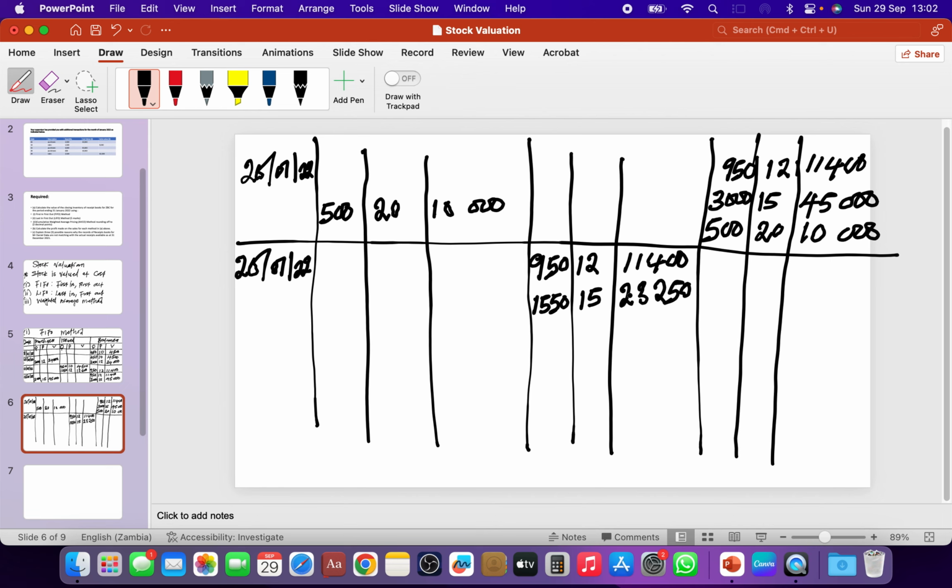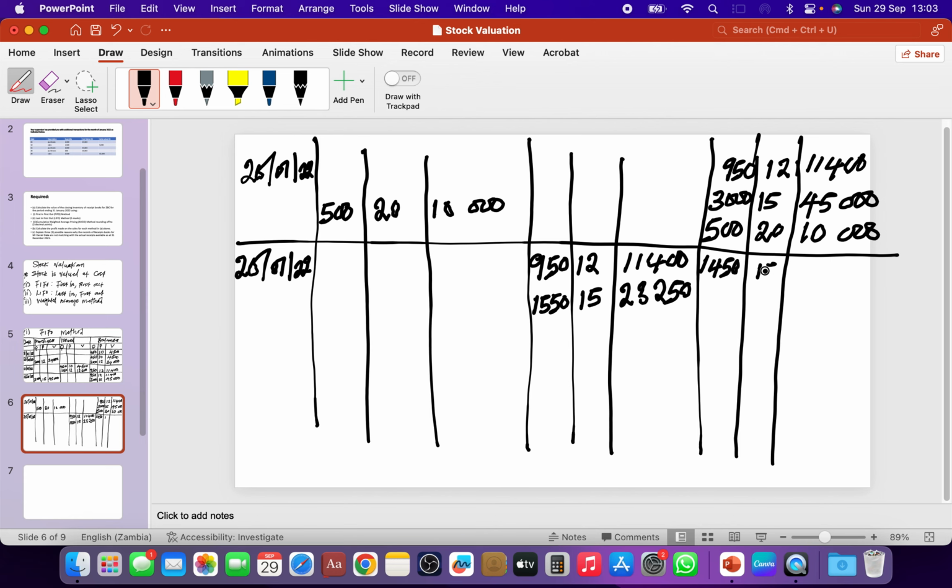Once that is done, check the quantity of your stock that has remained. We have disposed of this batch of 950, and from the batch of 3,000 here, we have sold 1,550. So you have 3,000 minus 1,550. It means from this batch of 3,000, we have remained with 1,450.